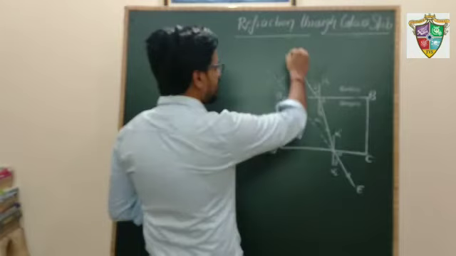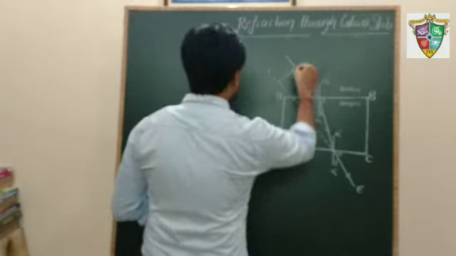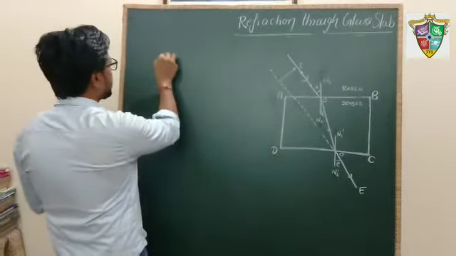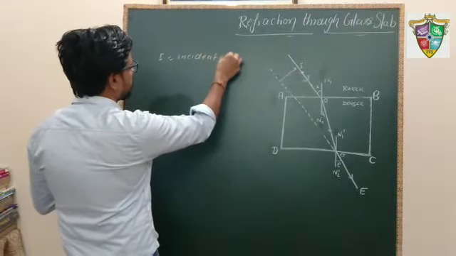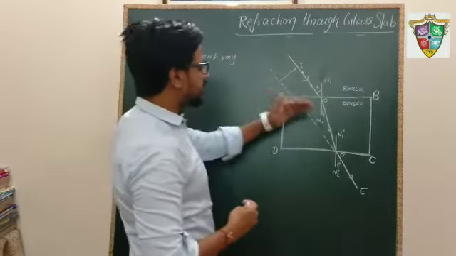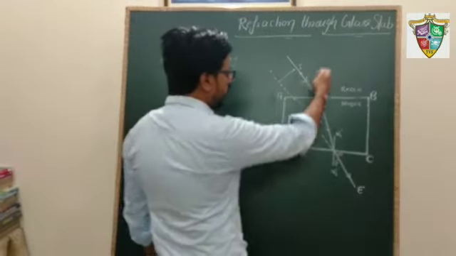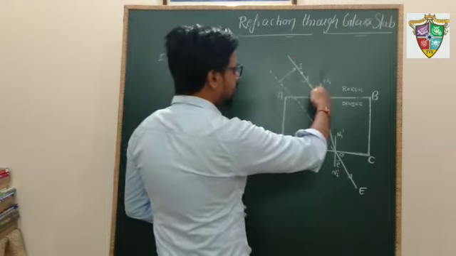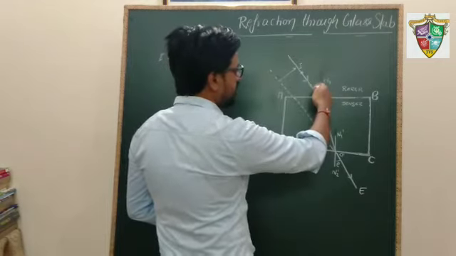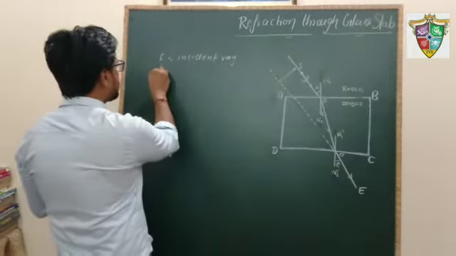Here you can see this ray I is known as the incident ray. When it strikes the surface AB at a point O, N1 N2 is the normal, and the angle that this incident ray is making with the normal is i, the angle of incidence.